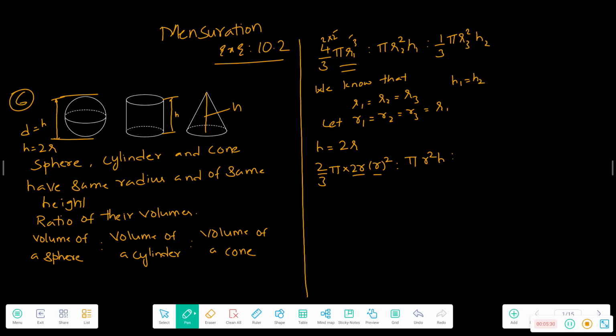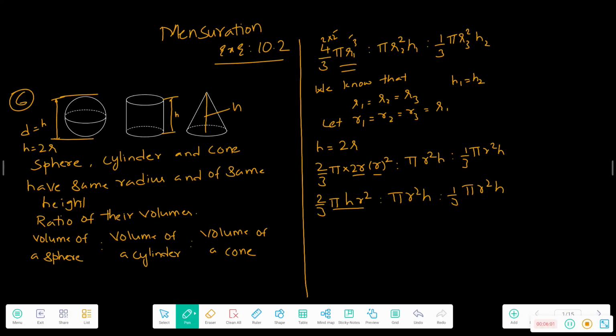So the cone is 1 by 3 pi r square h. Now here 2r I can replace with h, so 2 by 3 pi h into r square is 2 pi r square h is to 1 by 3 pi r square h.